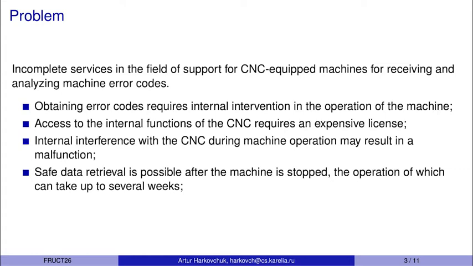Most numeric CNC machines are equipped with a special control panel, which is a monitor with control buttons, which allows the operator to quickly obtain the necessary information. The main way to receive data from the machine is to connect to the CNC via a special bus and receive data using the existing interface.